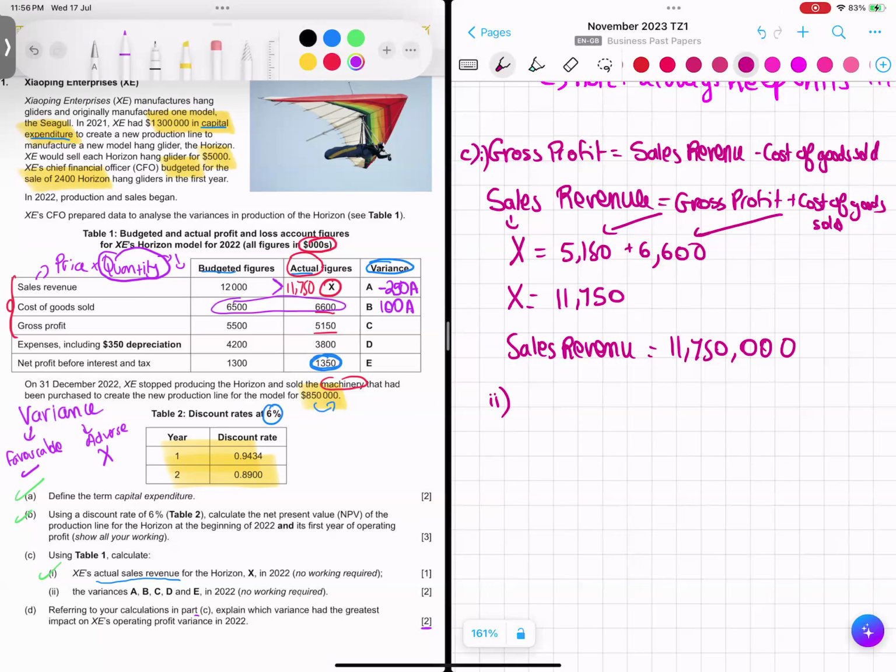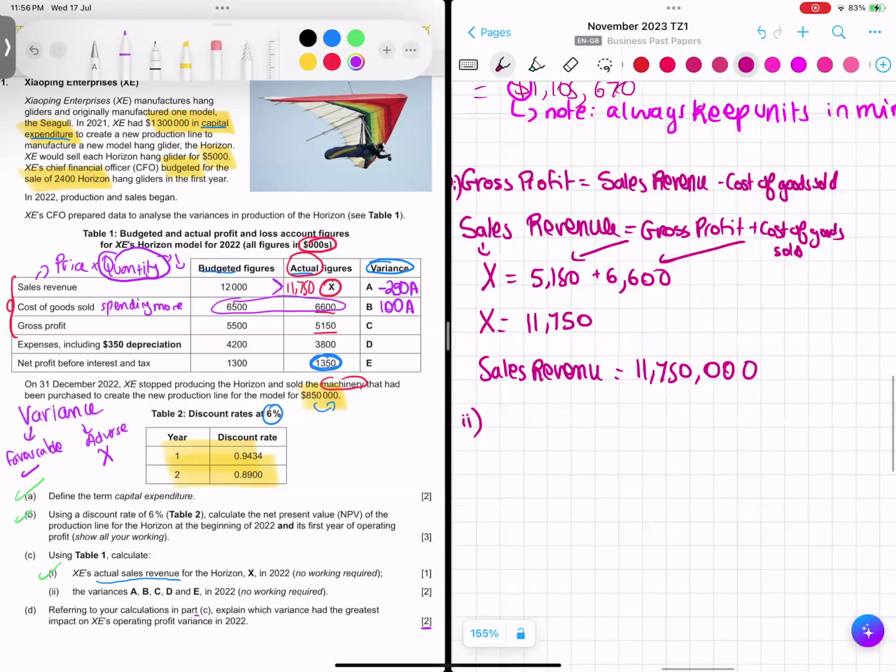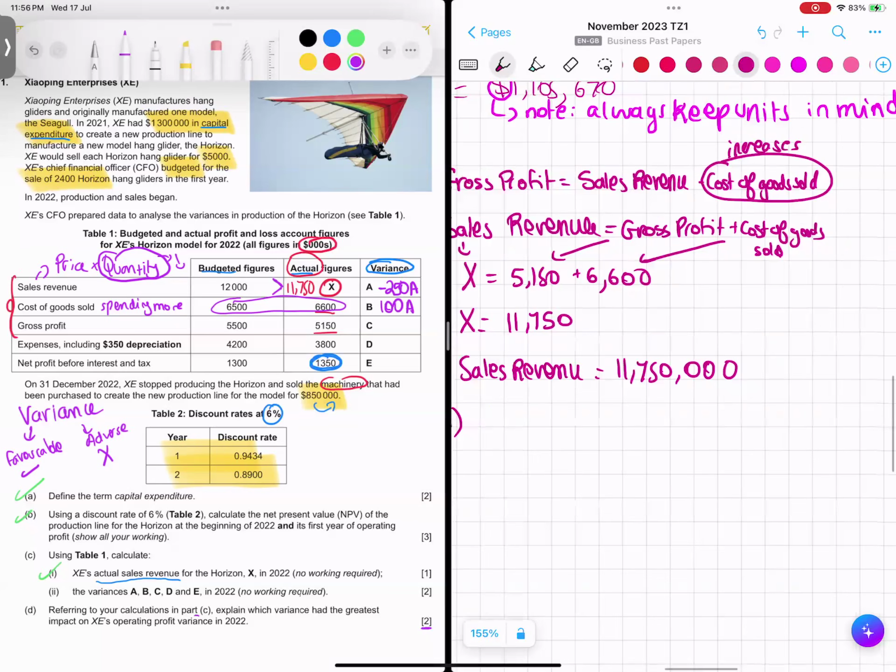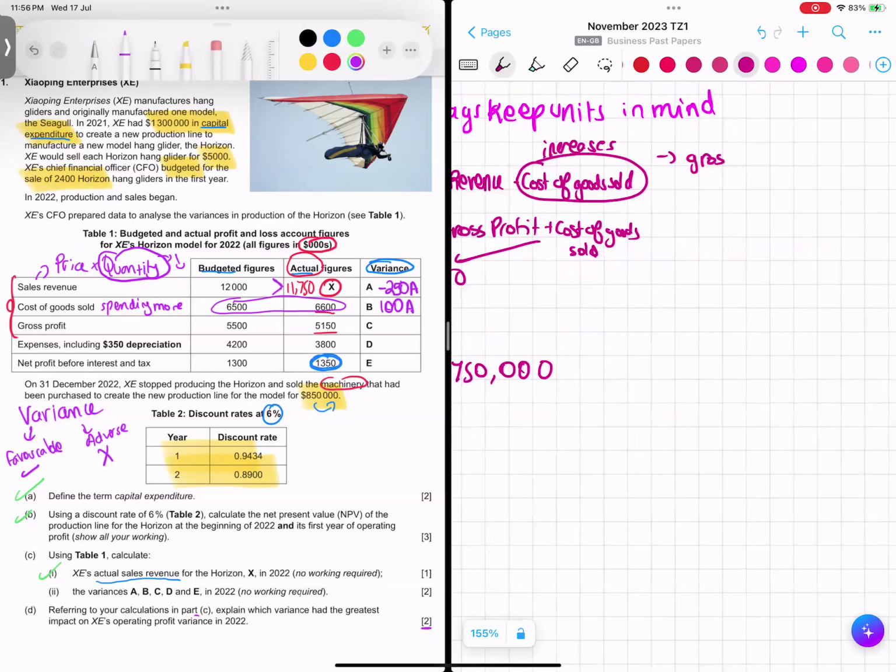Okay, they're spending more, so here we can just write spending more. And the fact that cost of goods sold increases is equivalent to gross profit decreasing, which is a bad thing, negatively affecting the business, right? As we mentioned. So this makes it adverse.